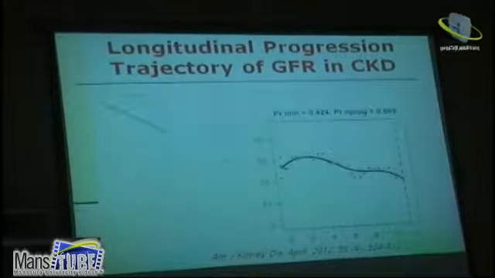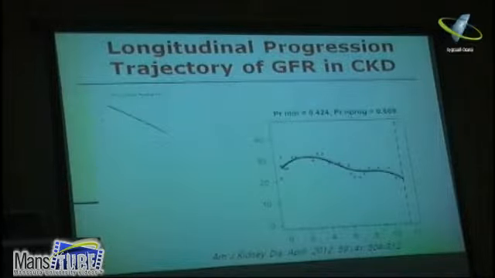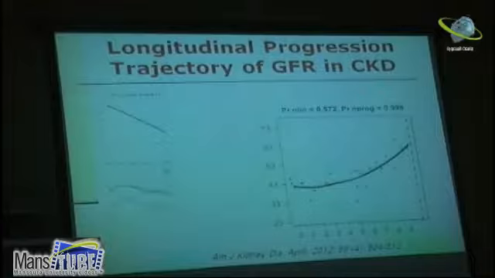Another model: if you follow the patients for many readings, you can find the patient's follow-up like this curve. So non-linearity is 40%, and non-progressiveness is 66%. So this patient is completely different from the previous patient when you want to put a plan of management.